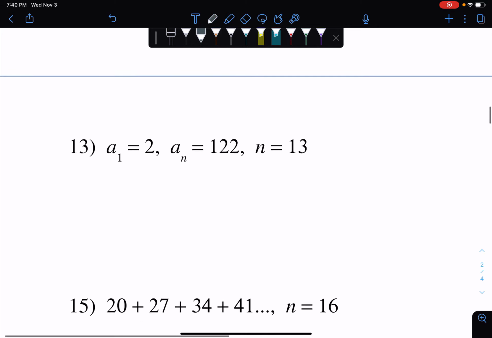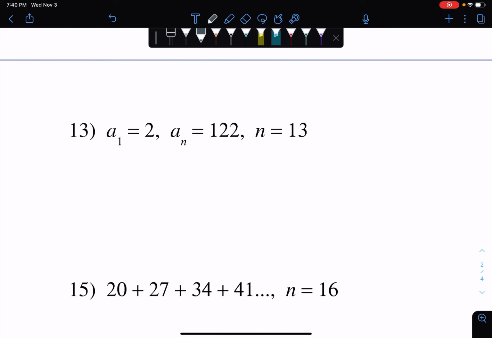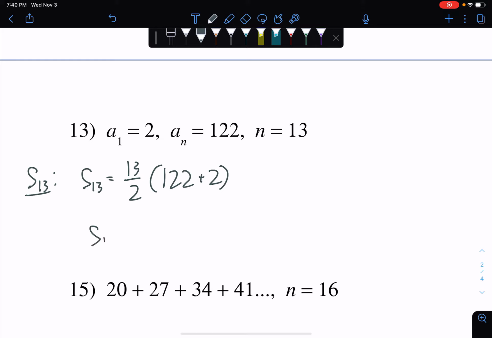For number 13, the problem stays as is. S sub 13 is equal to 13 over 2 times the quantity 122 plus 2. S sub 13 then is equivalent to 806.